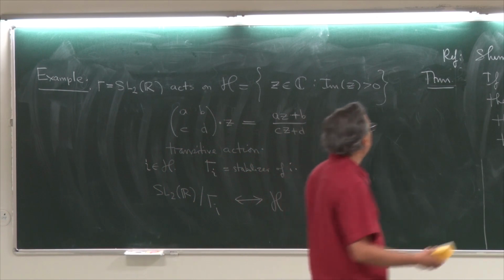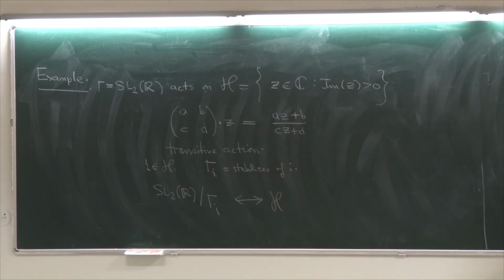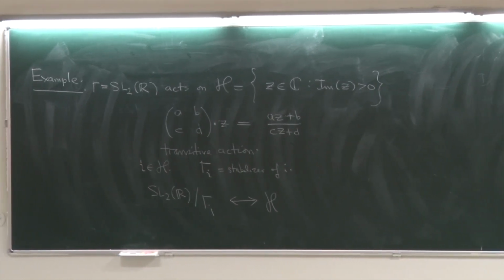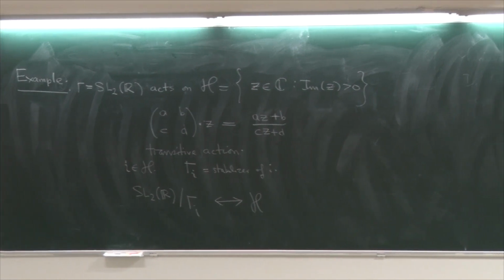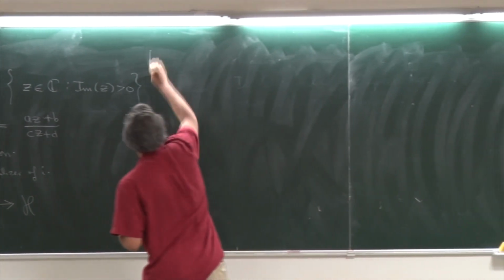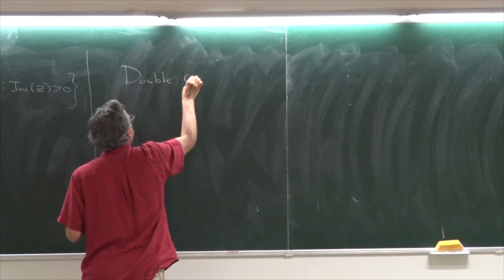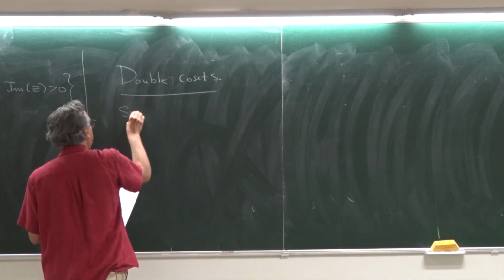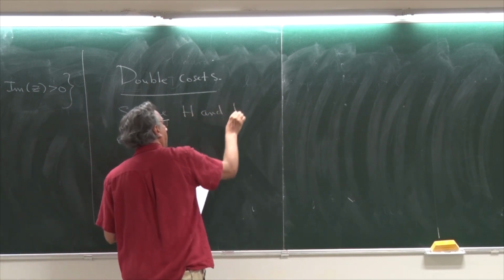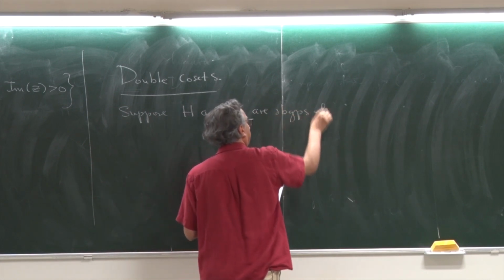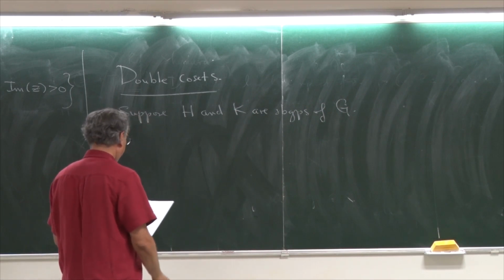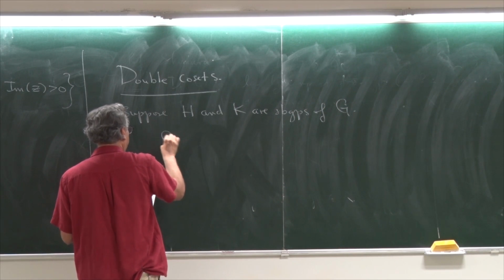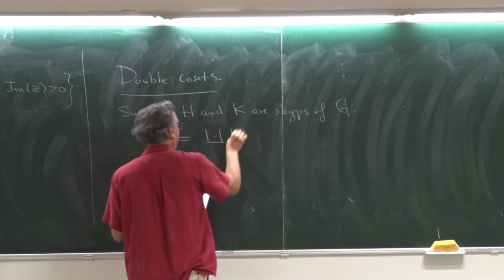Okay, so in the few minutes remaining, let me just say a few words about double cosets. Suppose that H and K are subgroups of a group G. Then we know that we can write G as a disjoint union of right cosets.